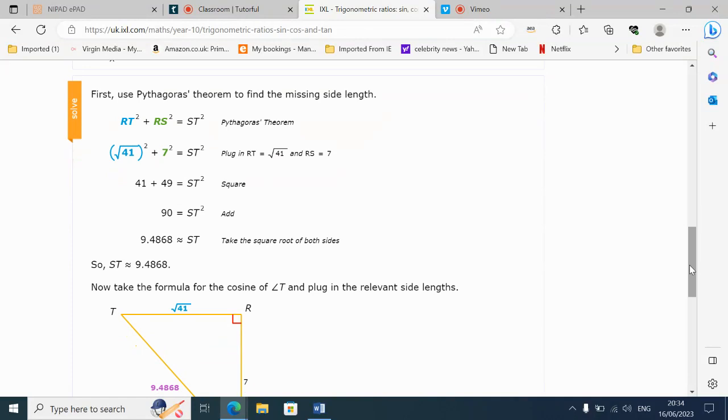Then to get the length, you find the square root of 90, don't you? And you get 9.486 or 9.4868.